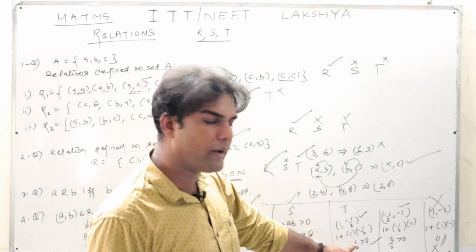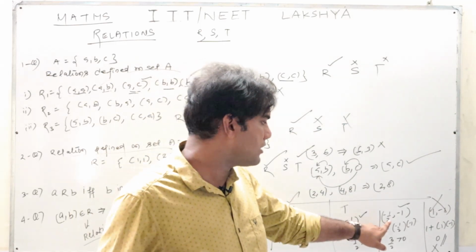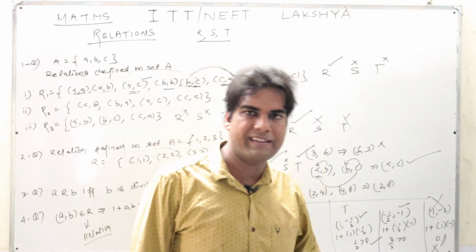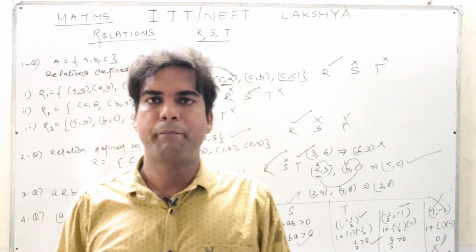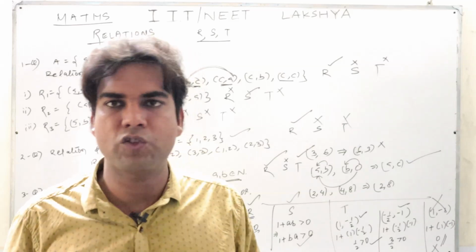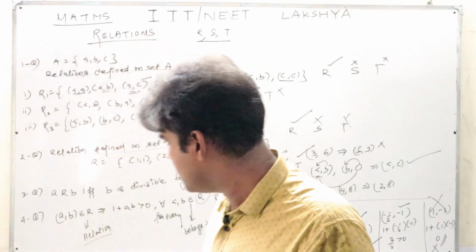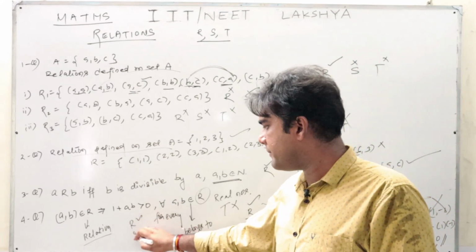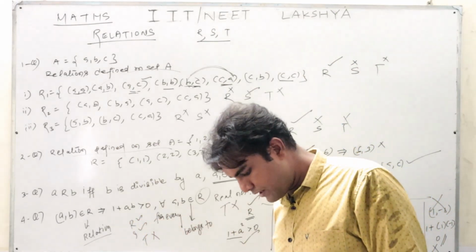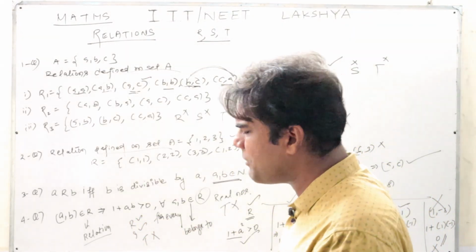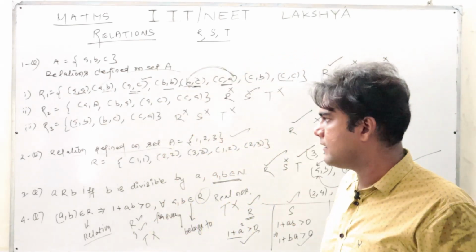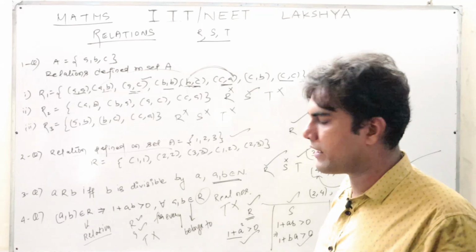So it is reflexive, it is symmetric, but it is not transitive. This is the way you have to check. Even if one pair does not belong to the relation, then it loses its generality.